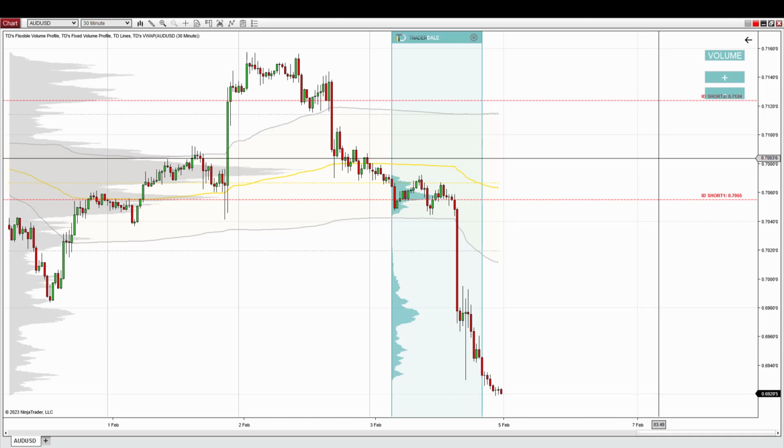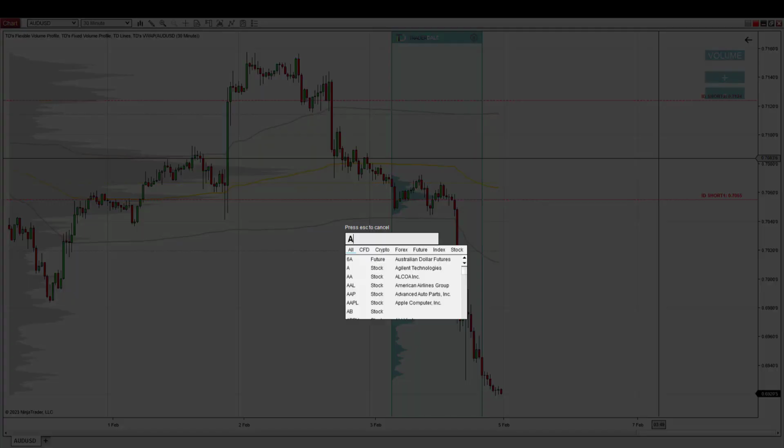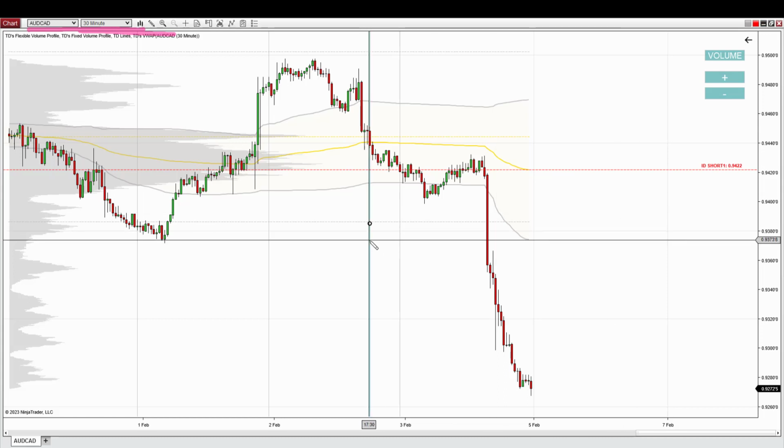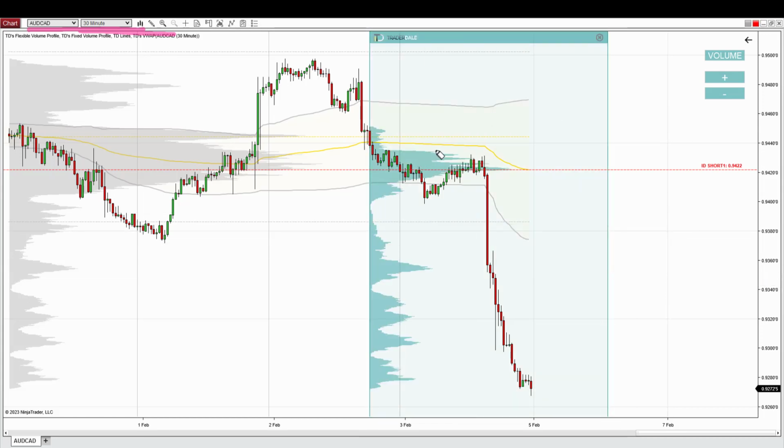The next trading idea that I would like to show you is on the Australian dollar, Canadian dollar. In here, the situation is pretty similar as on the Australian dollar, US dollar. Again, we are looking at a 30-minute time frame, and again, we are working with a heavy volume zone from which trend activity started.